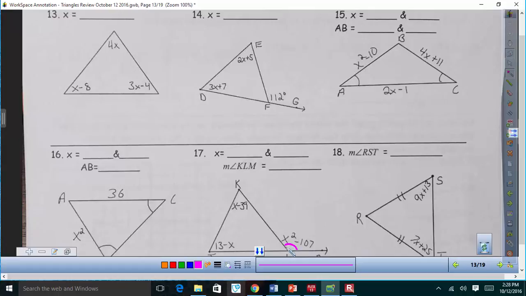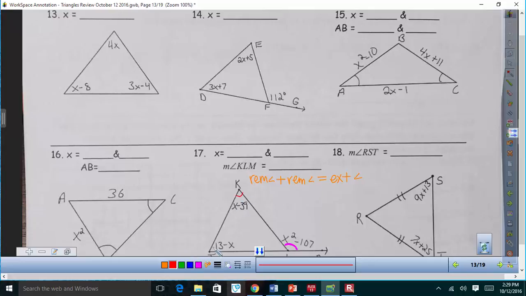It's exterior, okay? And so there's a formula that you need to know that goes with exterior. Do y'all remember what it is? Very good. Remote angle plus remote angle equals the exterior angle.